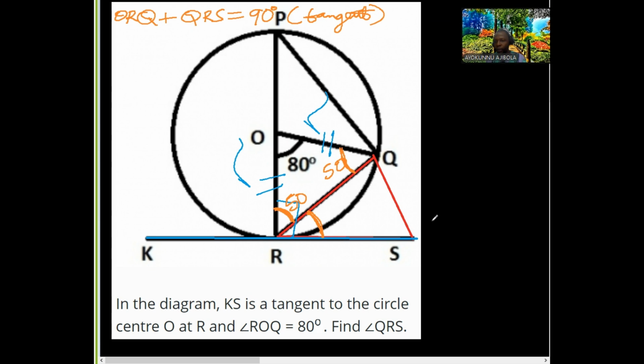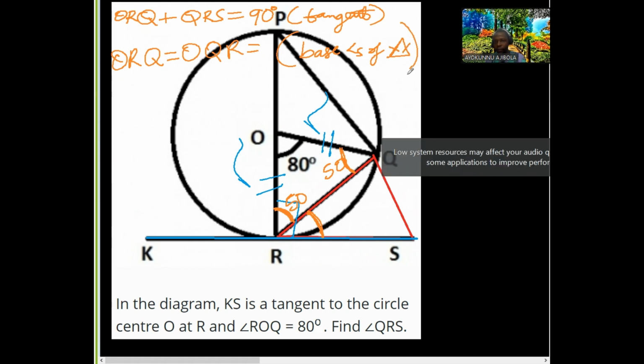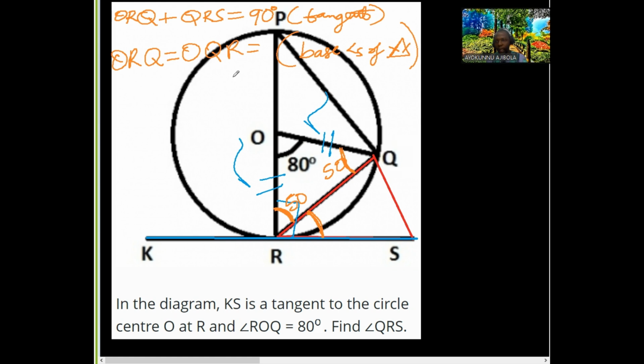Now you need to find ORQ. You now say ORQ equals OQR. Why are they equal? Base angles of an isosceles triangle. Is that clear? And with that, you don't need to show any working for anybody.